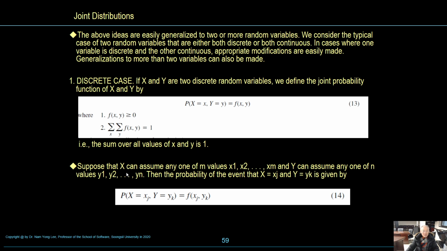Suppose that X can assume any one of m values x1, x2, ..., xm, and Y can assume any one of n values y1, y2, ..., yn. Then the probability of the event that X equals xj and Y equals yk is given by the formula 14, P(X = xj, Y = yk) = f(xj, yk).